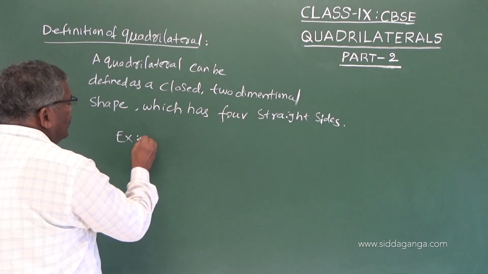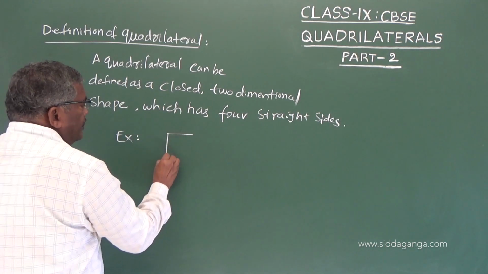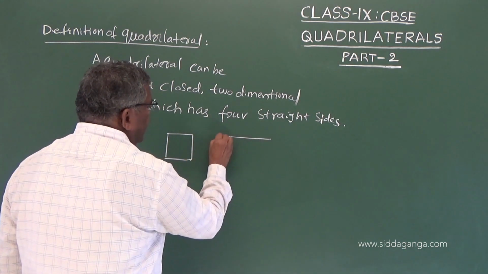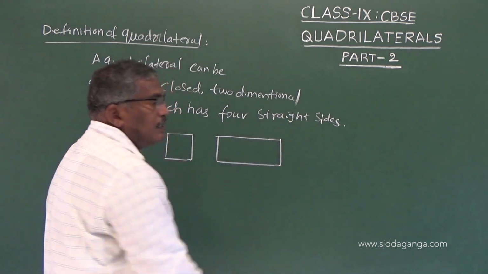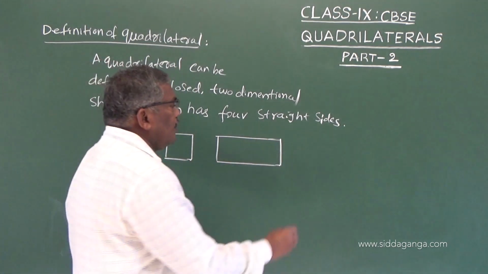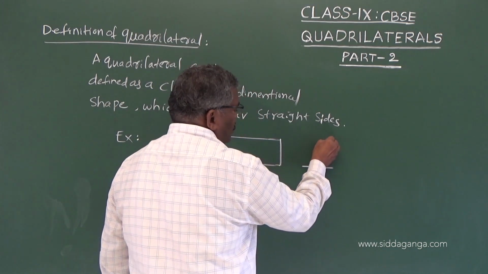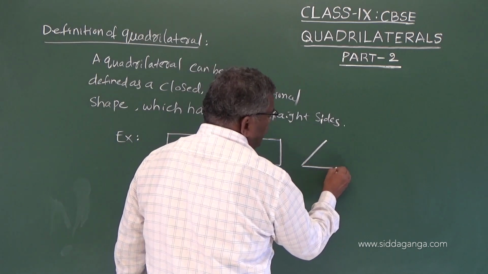a square is a quadrilateral. So you can have a square like this. A rectangle is a quadrilateral. A quadrilateral may be of this shape. So you might have seen Kaju Barfi in the sweet stall.